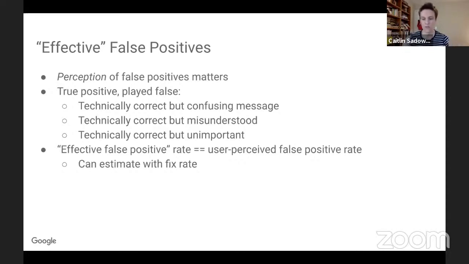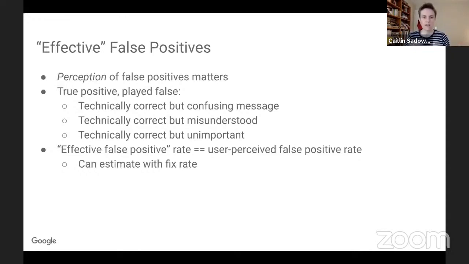For example, it could be a true positive, where your analyzer is actually correctly highlighting a problem in the code. But if the message is too confusing for developers to understand what's going on or make the fix, then we still consider it an effective false positive.